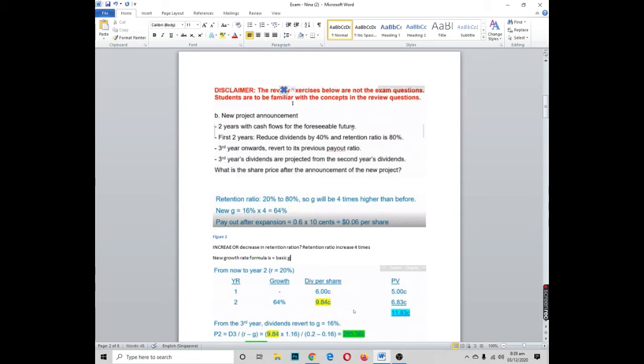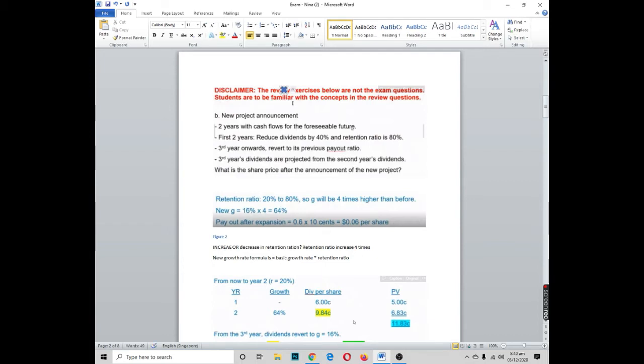So the basic growth rate is 16%, the increase in retention ratio is 4 times, so equal to 64%. So the new growth rate for year second is 64%.